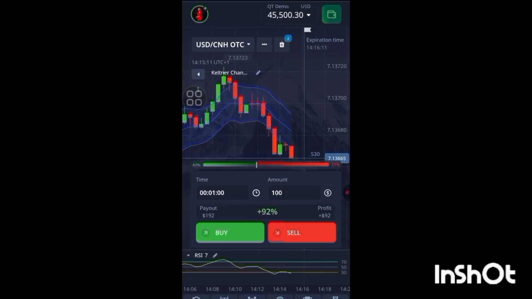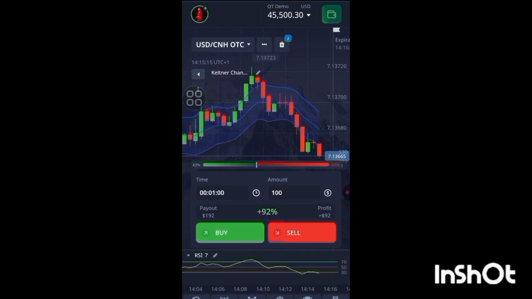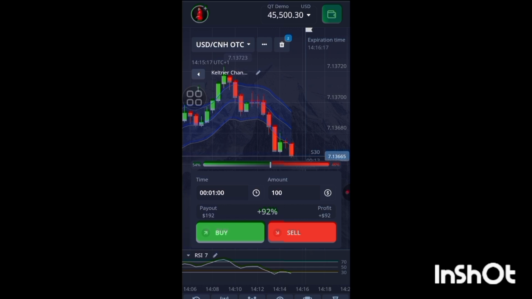Here is another perfect example. Candle is about closing below the Keltner channel at the tip below. RSI is below 50, touching 30. So we are going to take a sell trade.